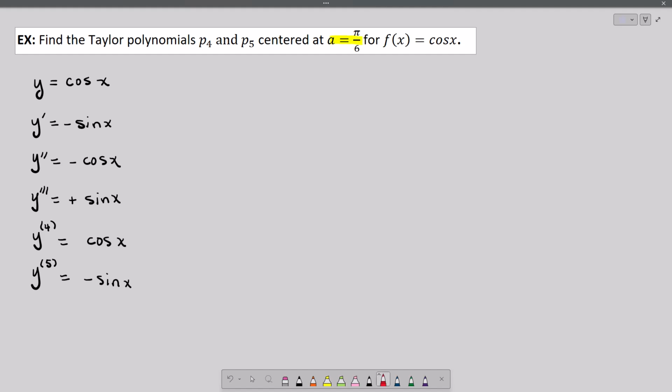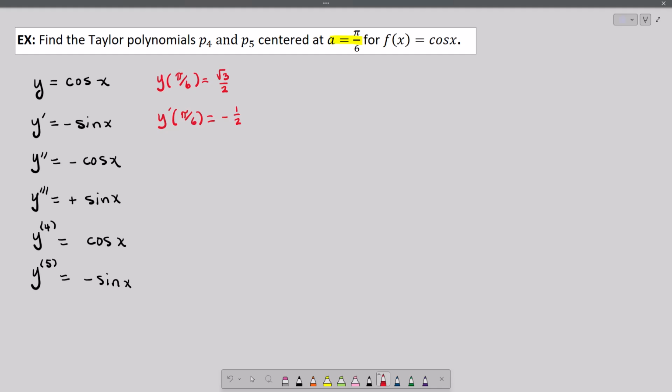So we want to evaluate each of these functions at pi over 6. So y of pi over 6 is cosine of pi over 6. Cosine of pi over 6 is root 3 divided by 2. So we're just going to go right down column 2, just evaluate column 1 at pi over 6. So the second one, sine of pi over 6 is 1/2, but we have a negative in front, so we get a negative 1/2.